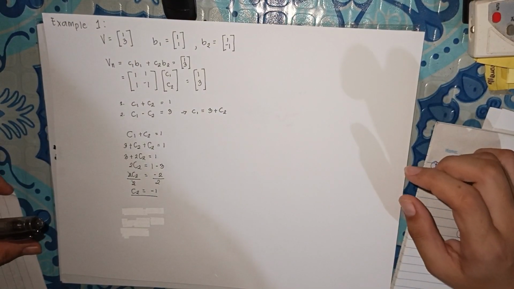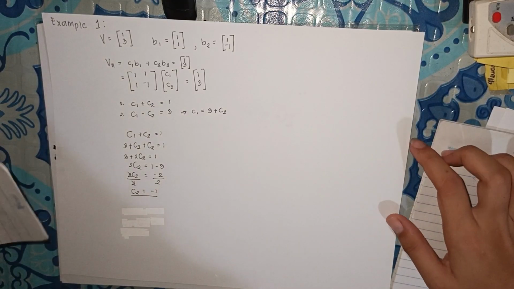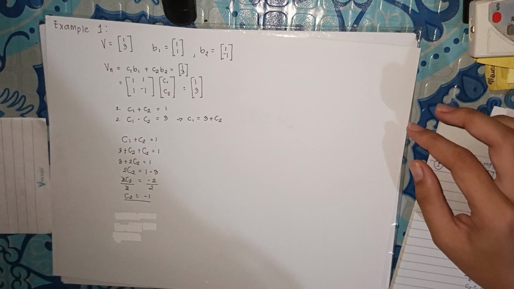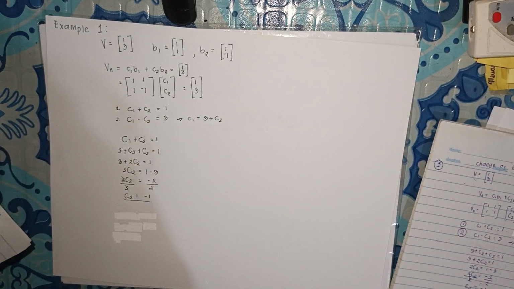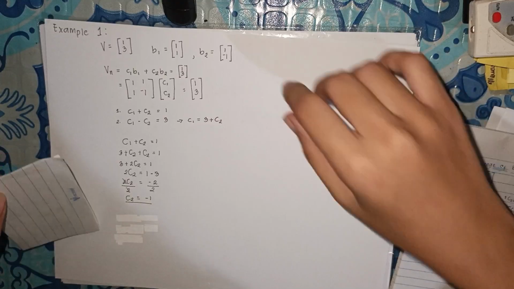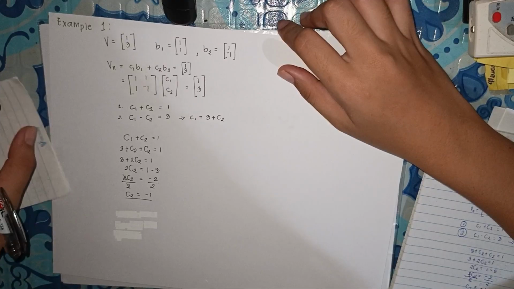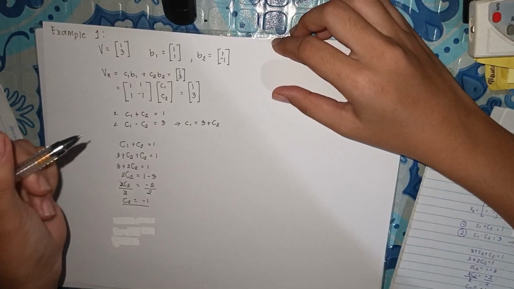Next, since naa na tayo value sa C sub 2, so magkuan na po ta sa value sa C sub 1. So, magpili ra ka sa duha ka equation ug asa ka mag-substitute sa value sa C sub 2. So, akong gi-choose is the equation number 1.